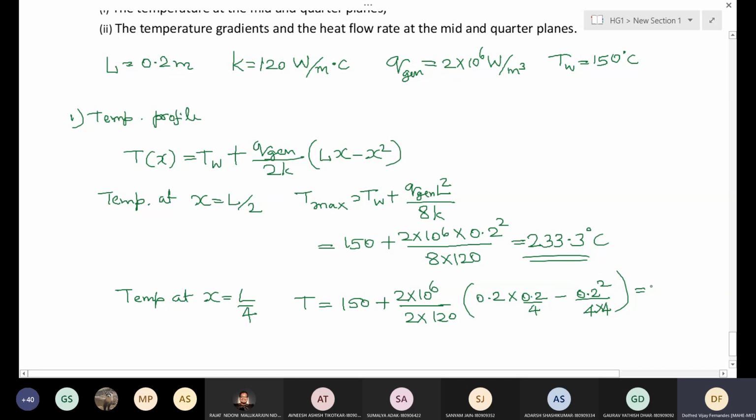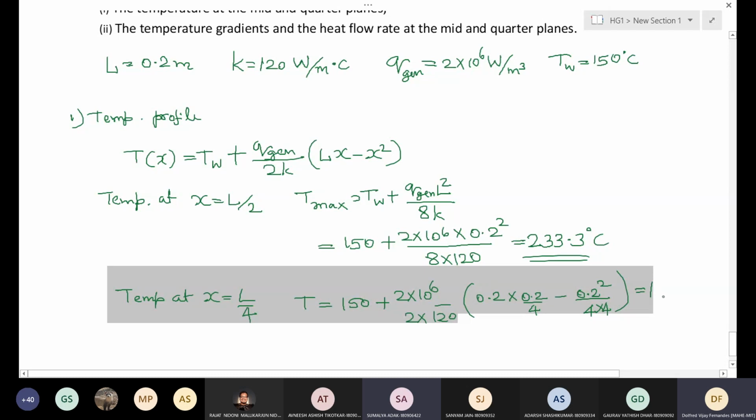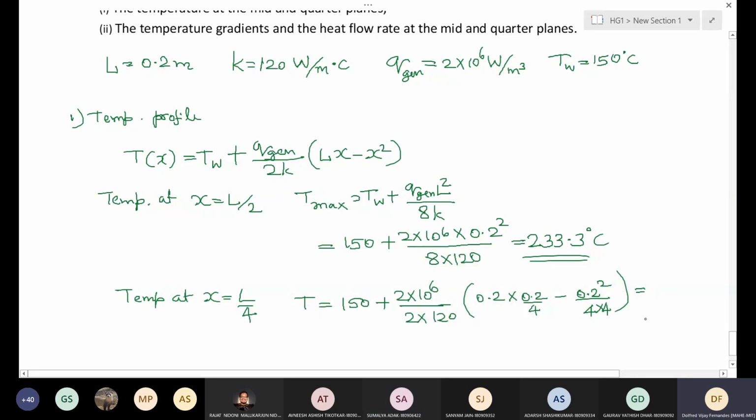How much? 212.5. 212.5 degrees Celsius. Okay, so we got the temperatures.